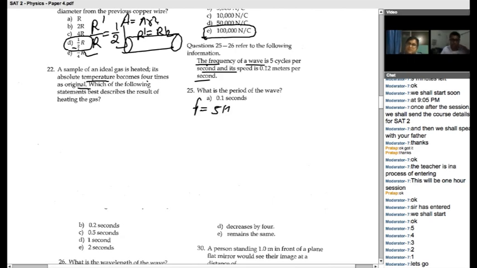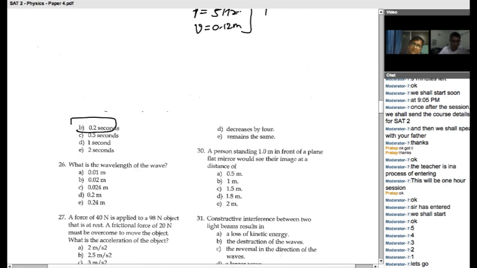They are first asking what the time period is. The time period is 0.2 seconds. Correct.